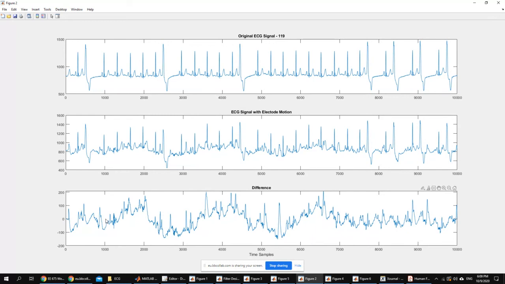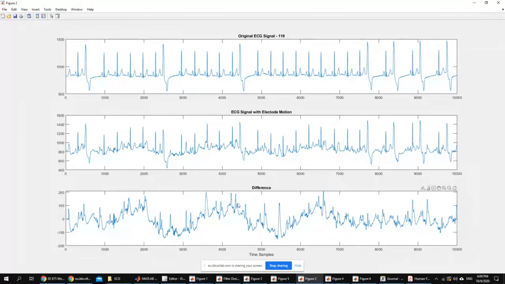For the band pass filter, you try to estimate the low cutoff frequency for the high pass filter from the baseline wander component, and estimate the frequency for the low pass filter from the high frequency noise that you have here.